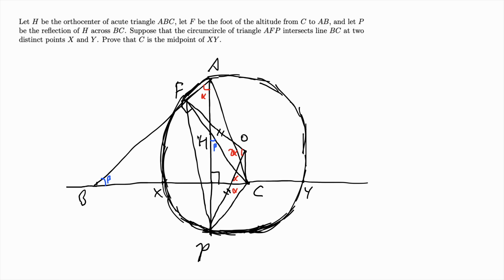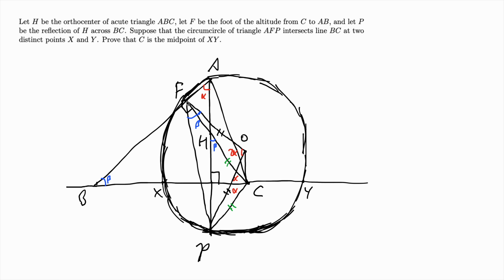Oh, I did it. It's actually quite simple. This angle is beta. That's because we have 2 alpha here, and because this is a reflection, these 2 angles are the same.